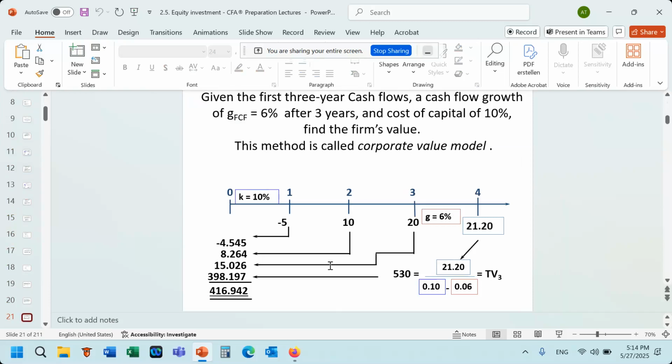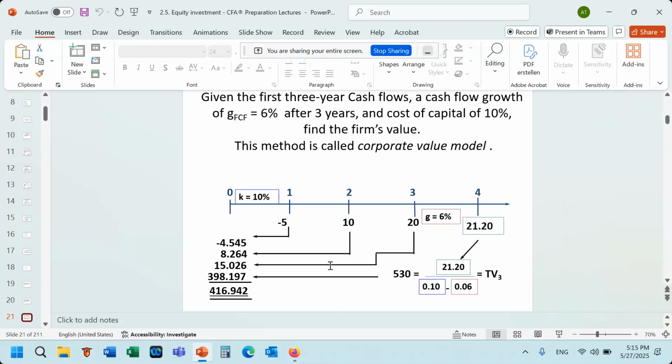So this Gordon formula says the value of this firm in millions of euros equals the cash flow at year 4. Remember that with the dividends too, Gordon formula always looks at one period ahead. So that cash flow a year later is the same 20 that we have at year 3 that was given to us from the free cash flow that we got from pro forma accounting statements, and that grows by 6%.